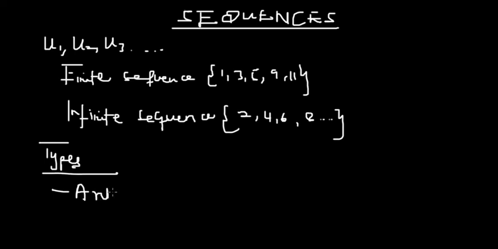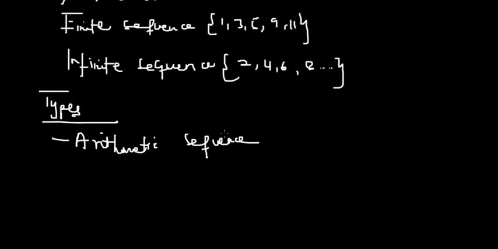The arithmetic sequence is where we have those forms of sequences which are in arithmetic form. They are usually represented with this formula, for when you want to write the sequences in arithmetic form.